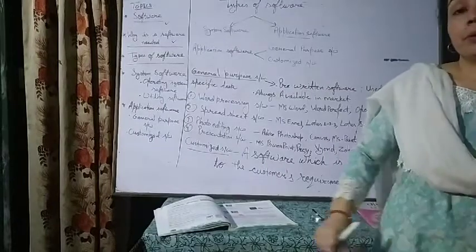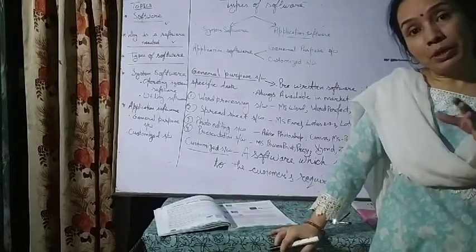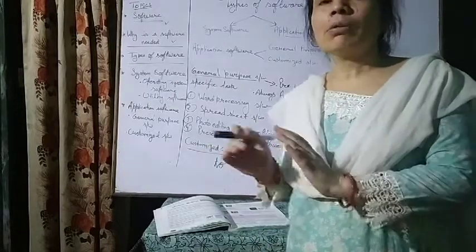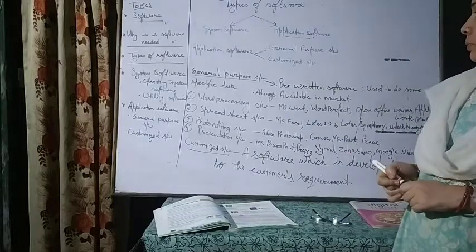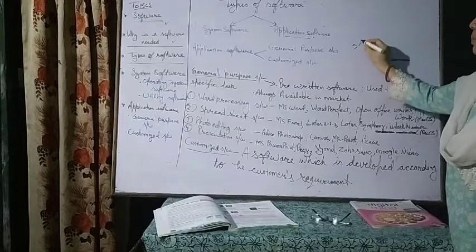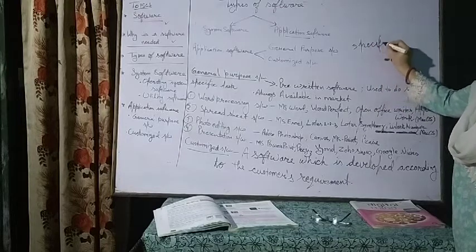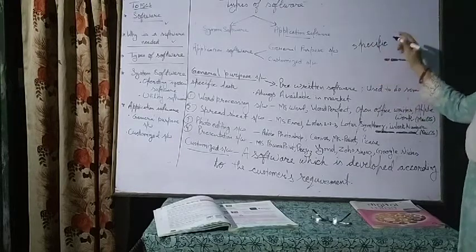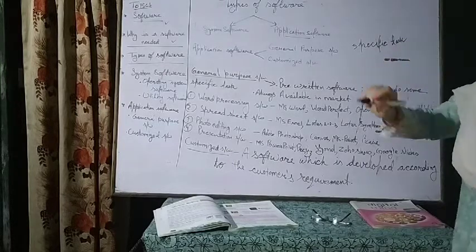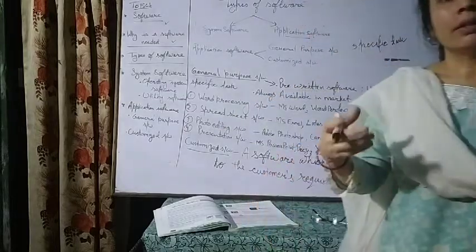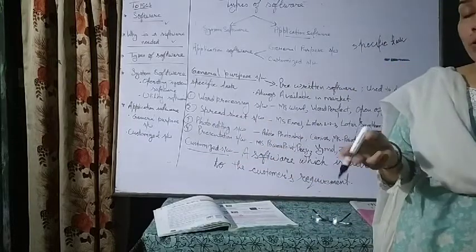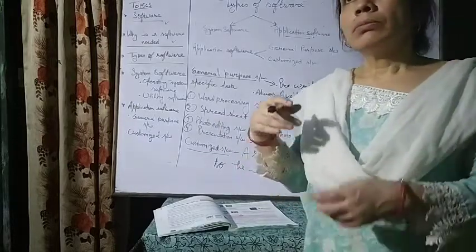What is application software? Application software are those which are used to do some specific task on the computer. What is it made to do? Specific task, S-P-E-C-I-F-I-C. This specific task can be creating documents. In MS Word we create text documents.